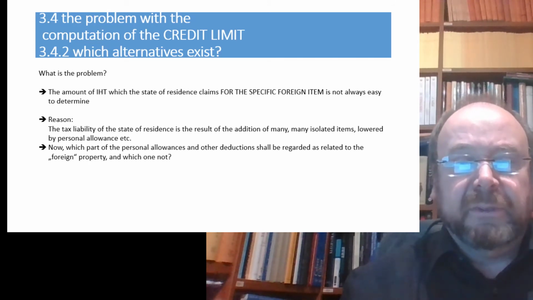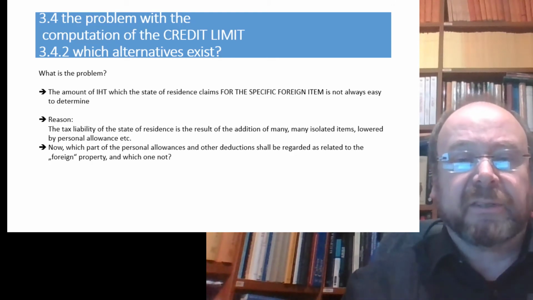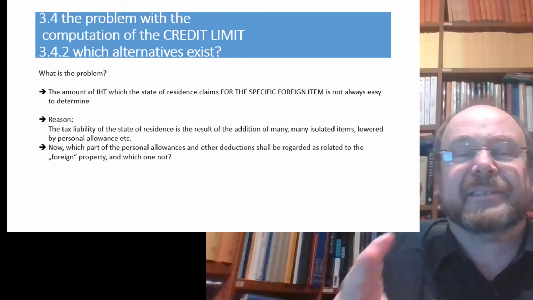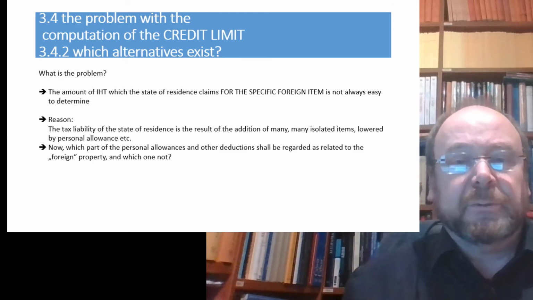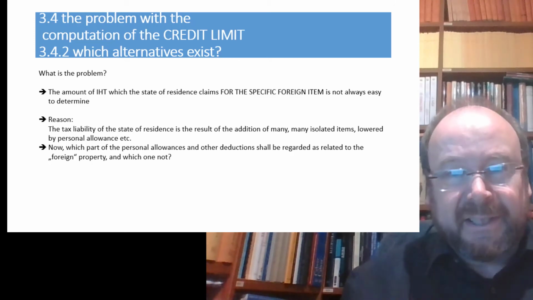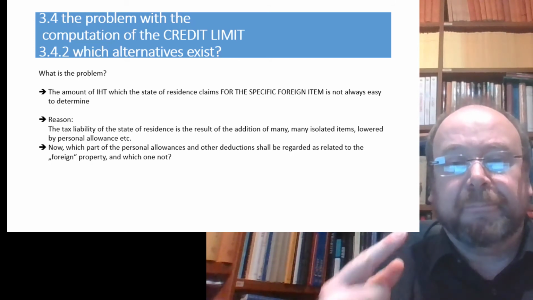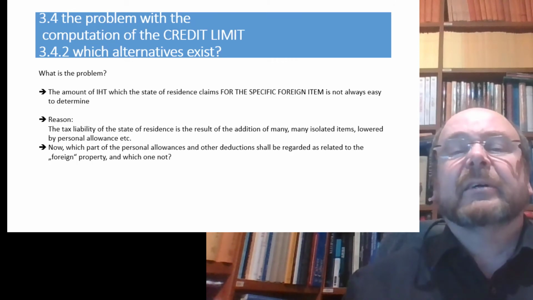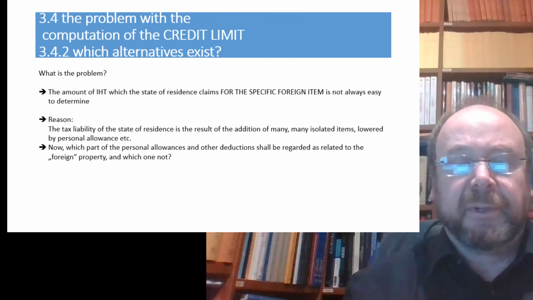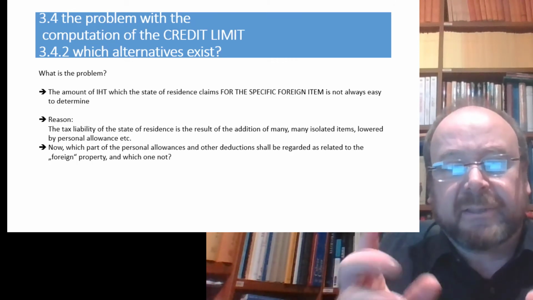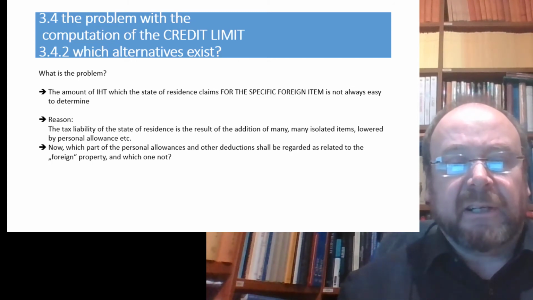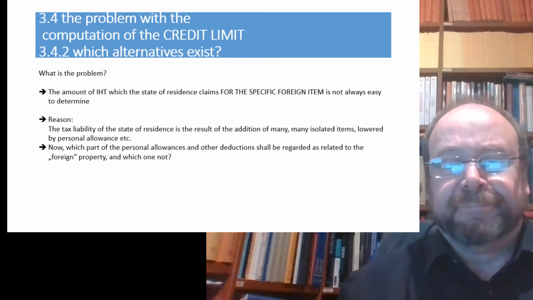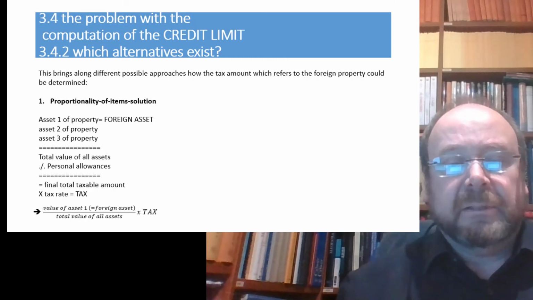So you need rules how you can conclude which part of your total final tax in the end, which comes out from the computer program, which assesses you, not assassinates you, but assesses you, how much of that refers to your personal tax on that specific foreign item? And there are different approaches. Let's have a look.